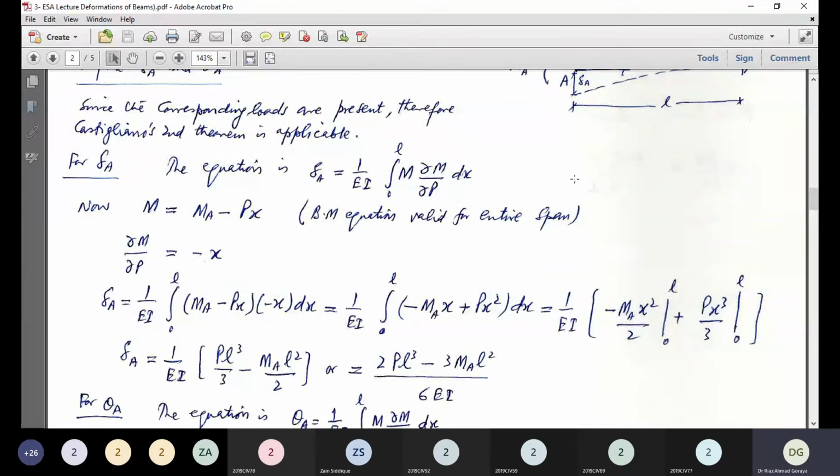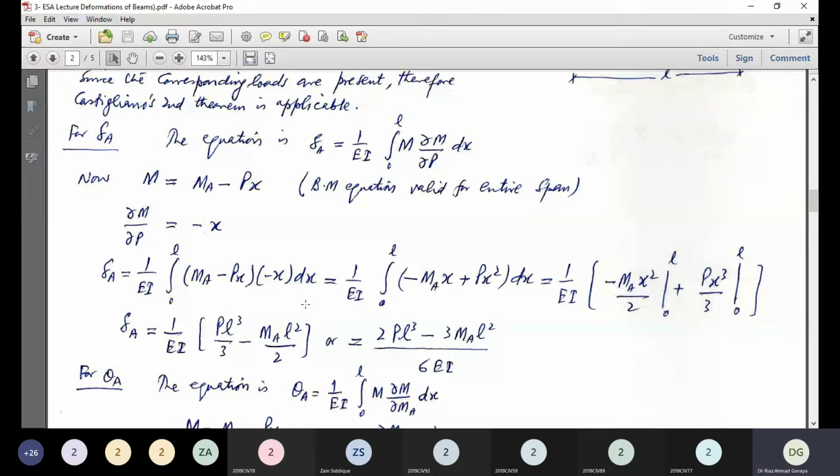Now what is next? Now you have to write these two in this equation below. That is 1 over EI integral 0 to L MA minus Px, that is the value of M, then partial M over partial P, that is minus x into dx. Rest of the job is to solve this integral.